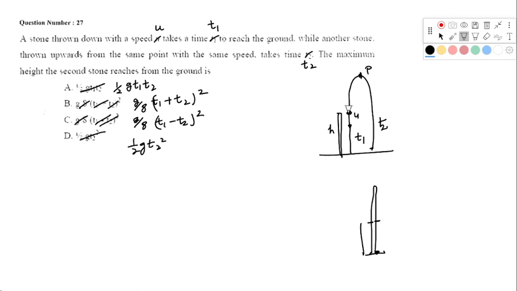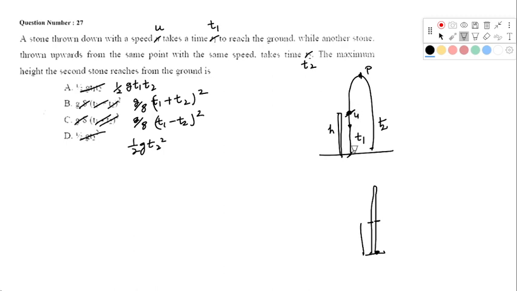Since this stone goes from this point till the ground in time t1, we can say if it would have been thrown from the ground, then it would have reached this point in time t1 itself. That means since this stone takes time t1 in going from height h to ground, it would have taken the same time t1 if we would have thrown the stone from the ground such that it reaches this point at the speed u.